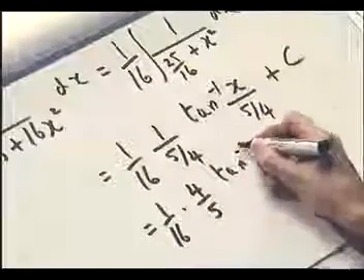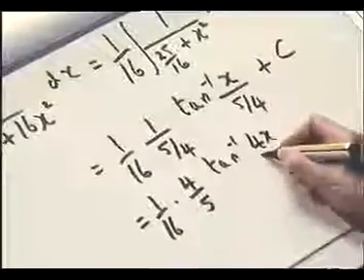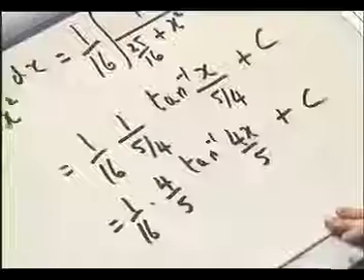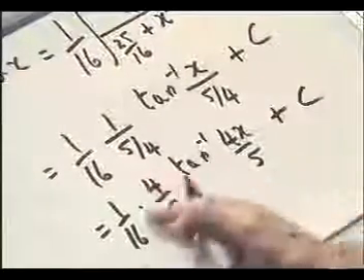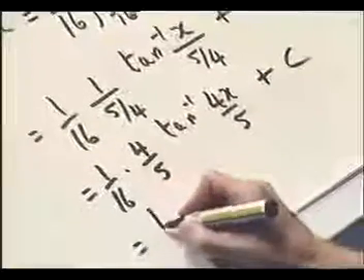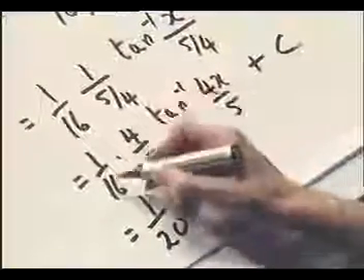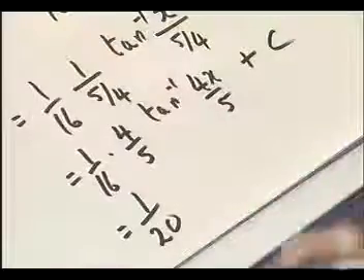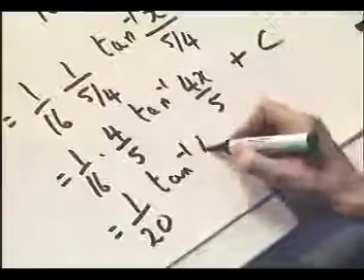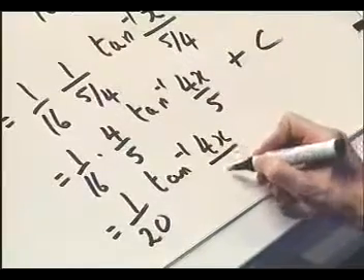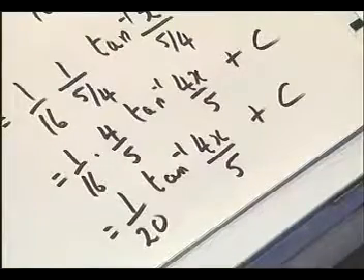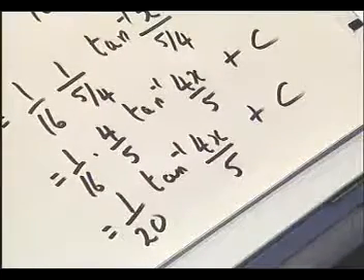Tan to the minus 1 of 4x over 5 plus the constant of integration c. And we can make a simplification here by dividing by 4, giving us 1/20. 4 and 4 cancel, and 4 times 5 is 20. Tan to the minus 1 of 4x over 5, plus that ever-present constant of integration, c.